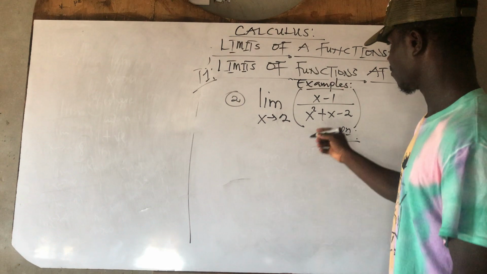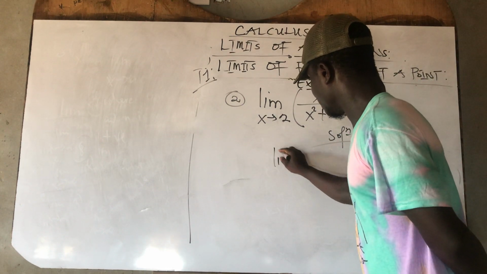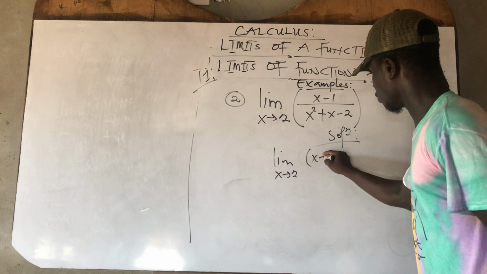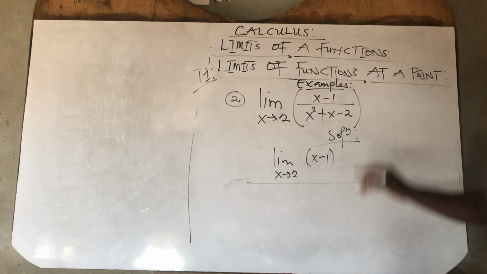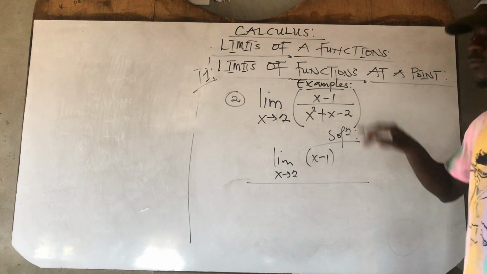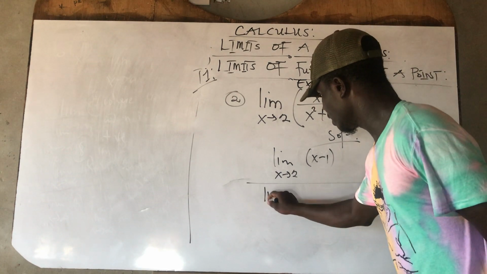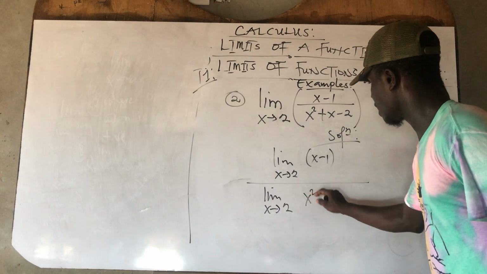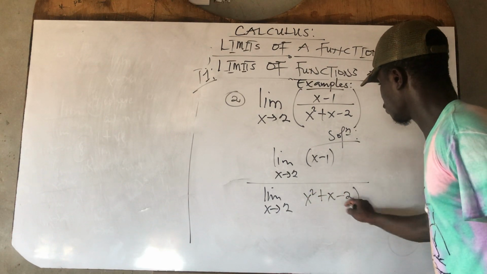So now here we take the limit as x approaches 2 of x minus 1. I take the numerator, and also the denominator. So the limit as x approaches 2 of x squared plus x minus 2.